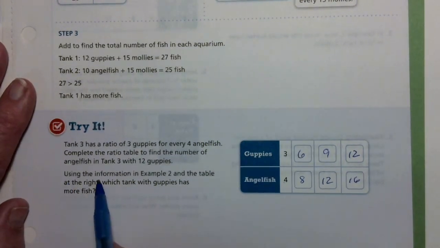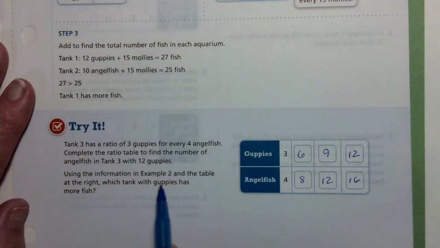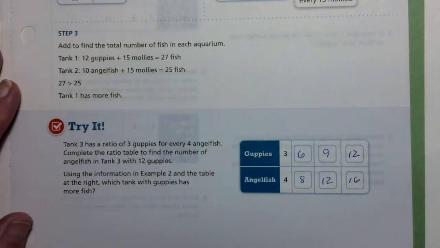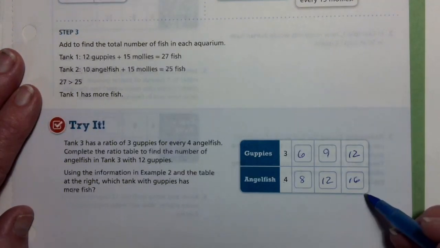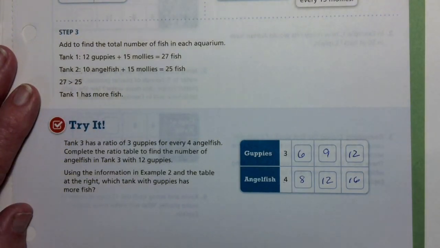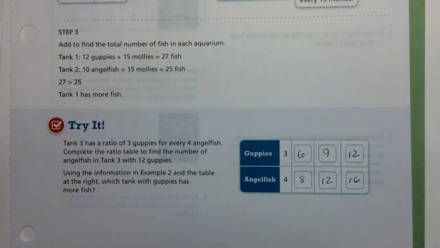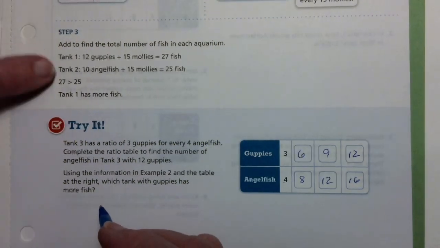Now, using the information from example 2 and the table at the right, which tank with guppies has more fish? What's the total of fish? Let's see, tank 1 had 27, right up here.